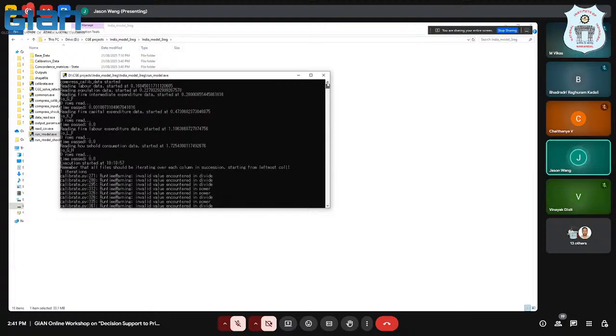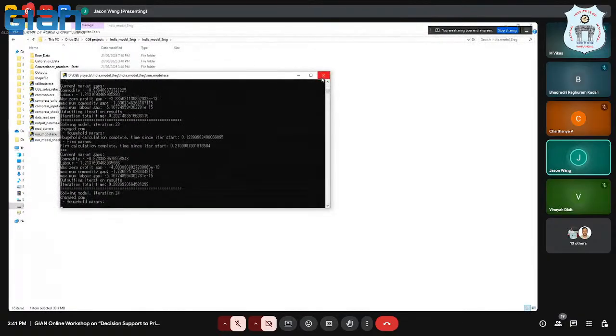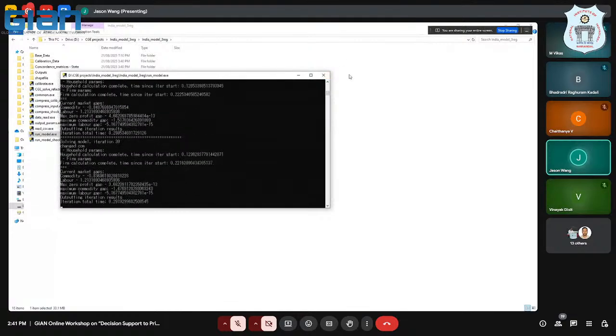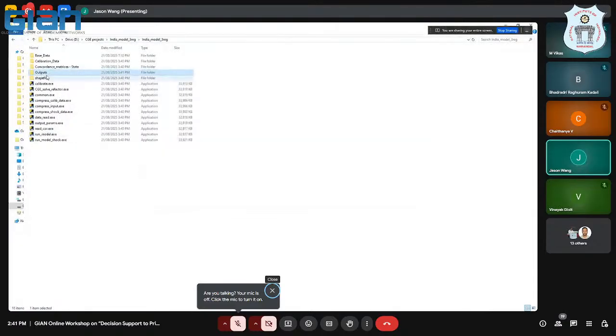These are only for the programmer to look at. As a user, you won't need to understand any of the information coming out of this console log, because once the model has finished running, all of the outputs we need as users are going to be located in the outputs folder here.